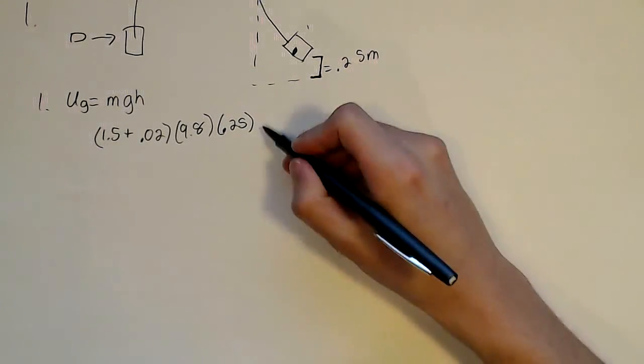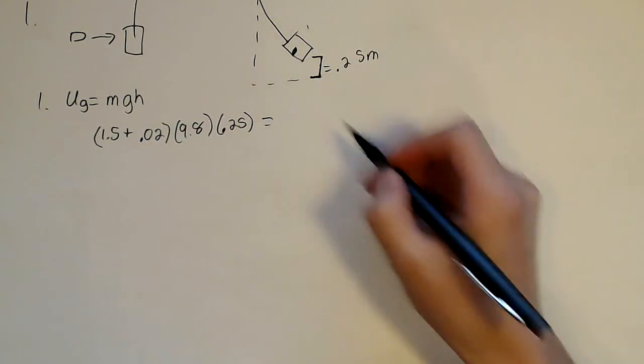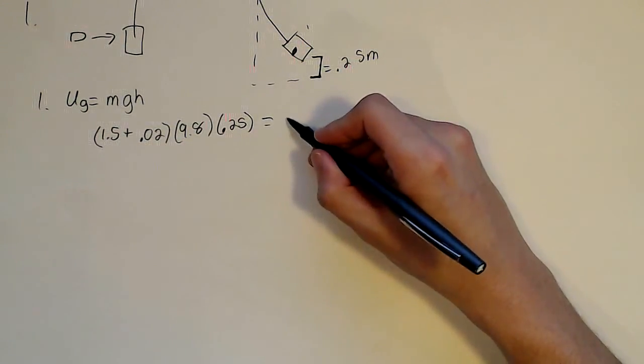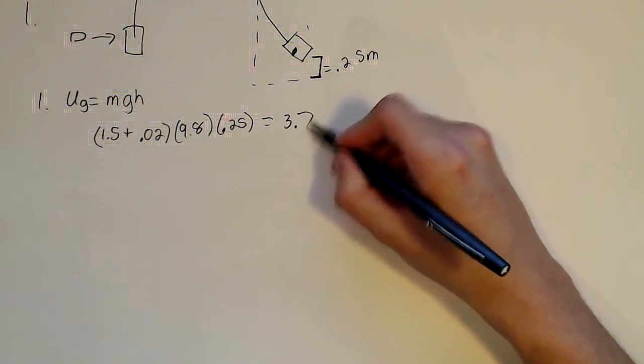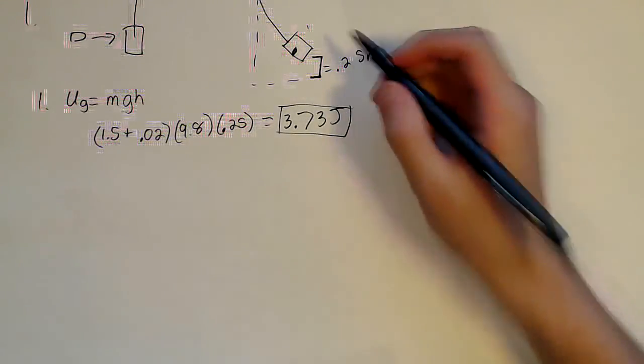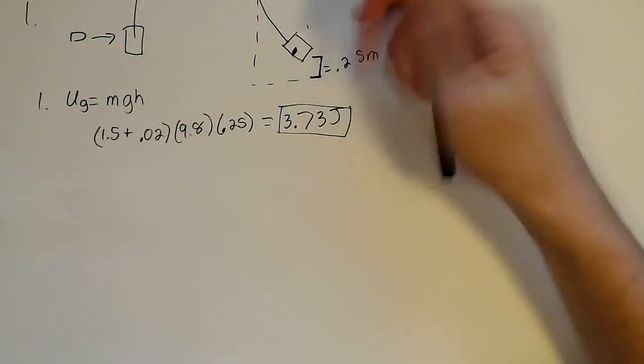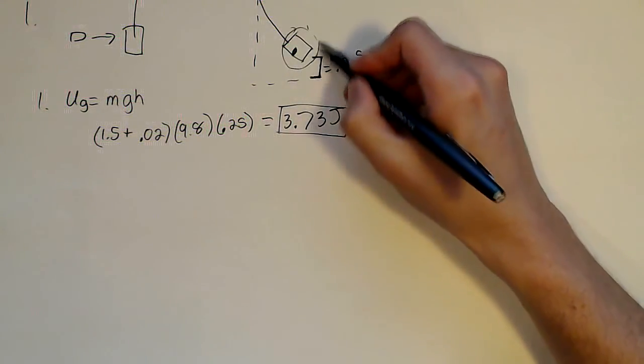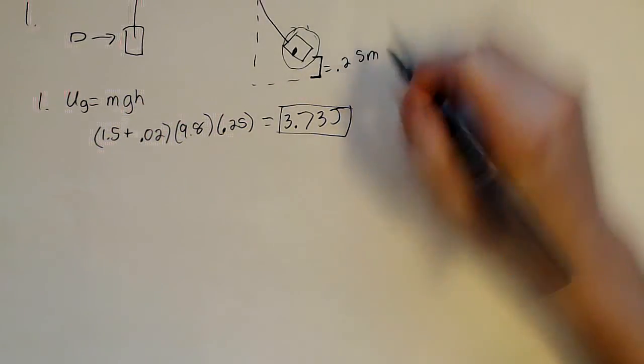And when you add these first, then multiply them together, don't forget order of operations, you should get 3.73 joules. So that is the gravitational potential energy that is gained by this block bullet system when it swings upward 0.25 meters.